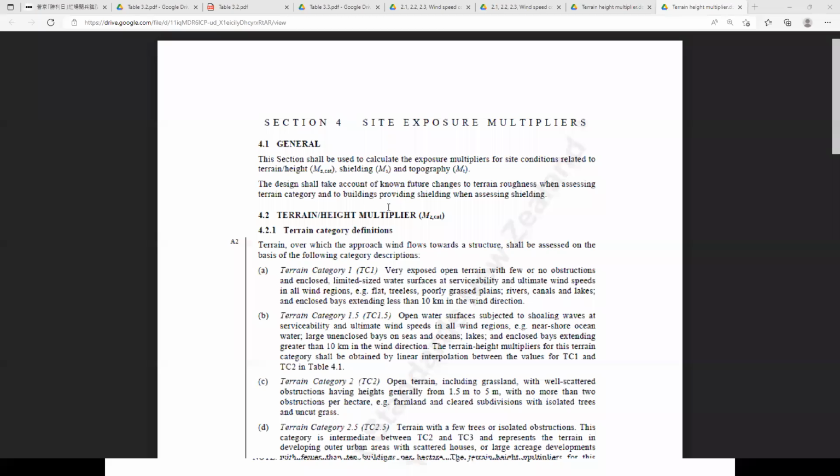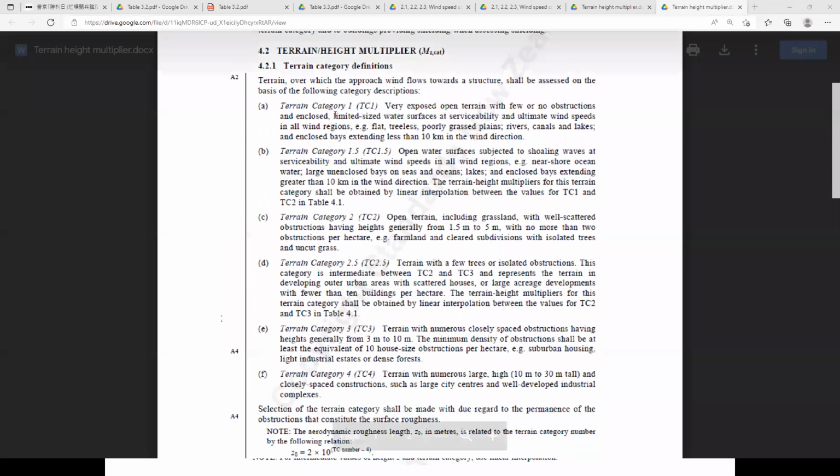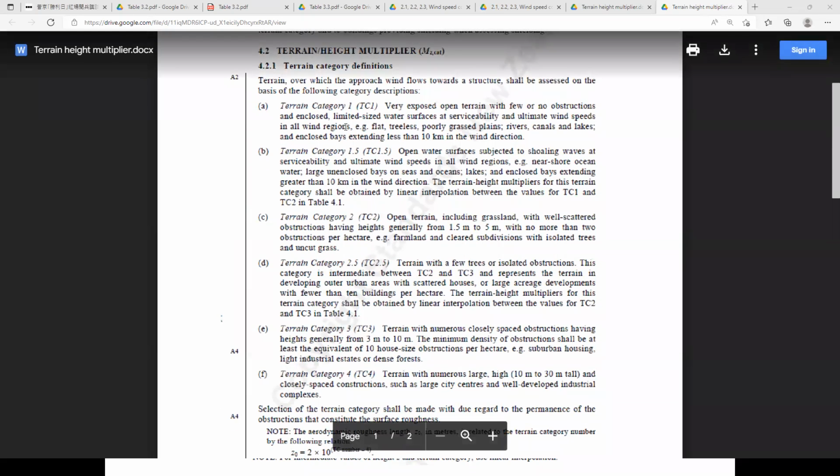You can see you've got 6 different types of terrain category, and the lowest value one, category 1, is basically very, very flat terrain or water surfaces. No trees, poorly grassed plains, rivers, canals, lakes. So you know what we're talking about, very open.